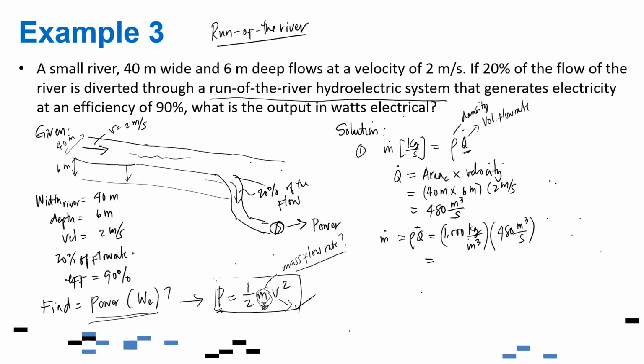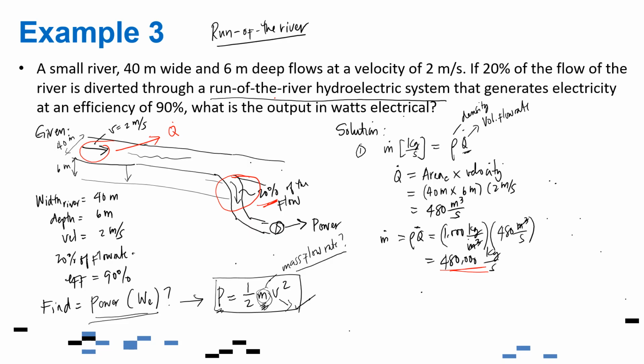Let's calculate. This is 480,000 kilograms per second. But please remember that in our problem, this 480,000 is the flow rate of the whole river. We are only going to take 20% of that flow rate.